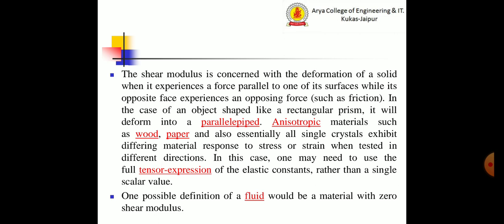Anisotropic materials such as wood, paper, and also essentially all single crystals exhibit differing material response to stress or strain when tested in different directions. In this case, one may need to use the full tensor expression of the elastic constant rather than a single scalar value. One possible definition of fluid would be a material with zero shear modulus.